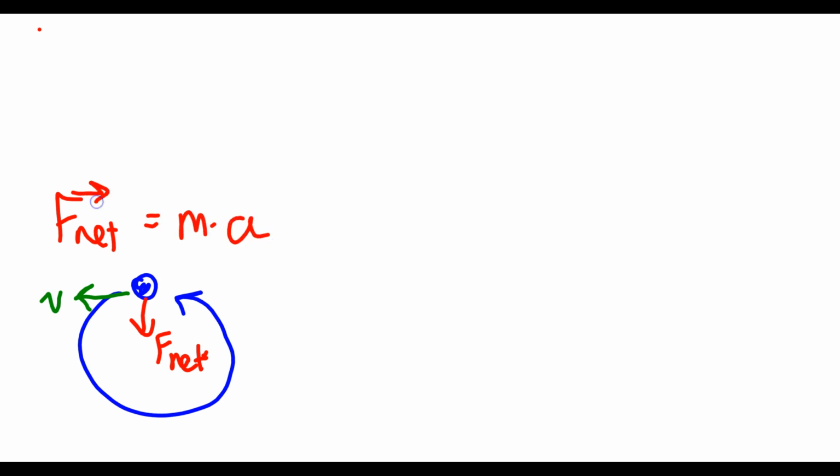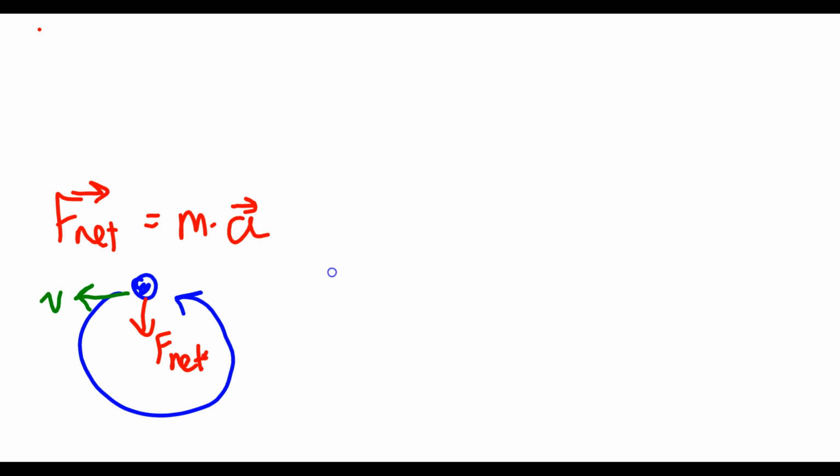Force is a vector, acceleration is a vector. So if an object feels a net force, and this object moving around the circle does feel a net force, then it also must accelerate in the same direction.